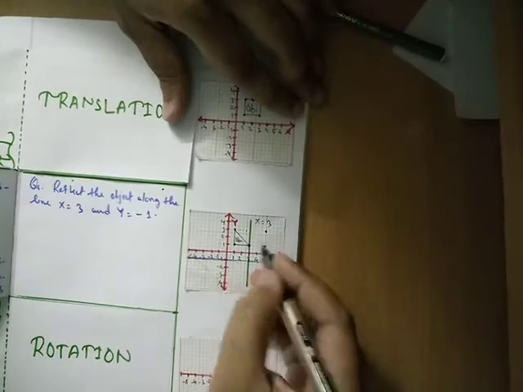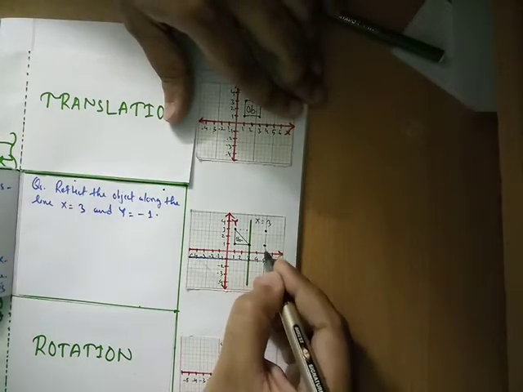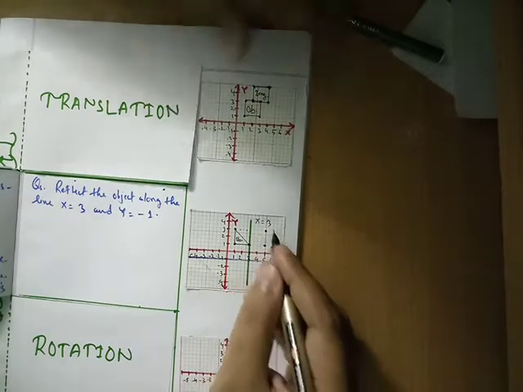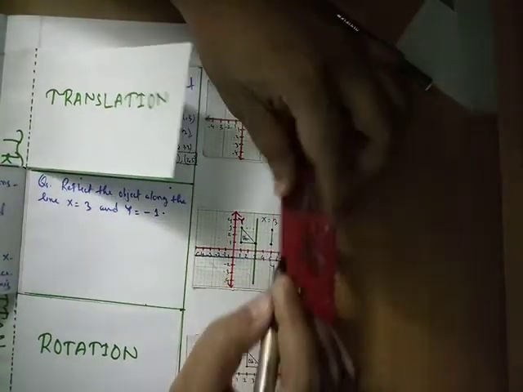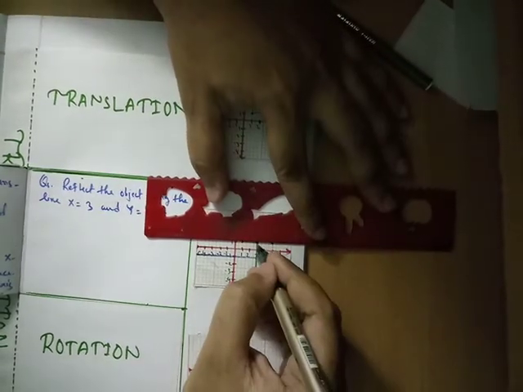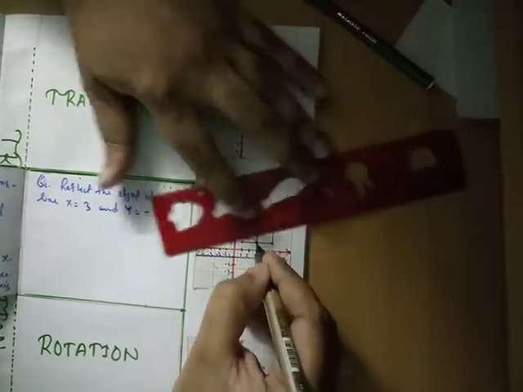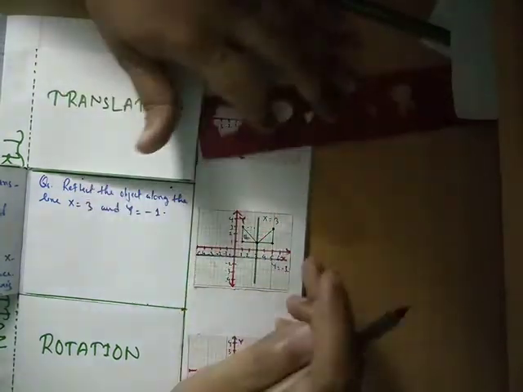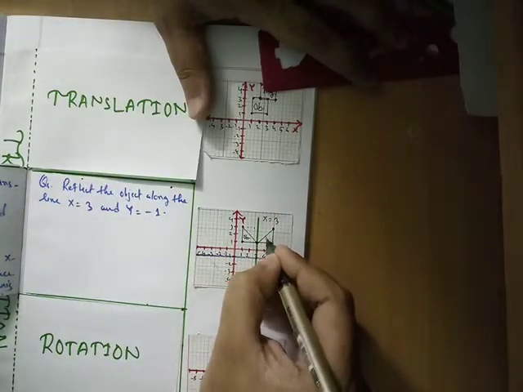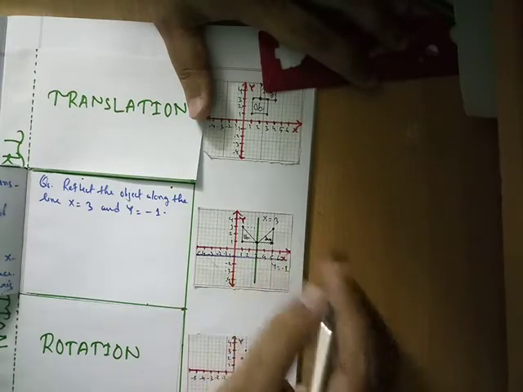Okay, so this is the first image, this is the second image, and this is the third image. Now just connect the points to draw the triangle. So connect this one, connect this one, and connect this one. So this is the object and this is the image.